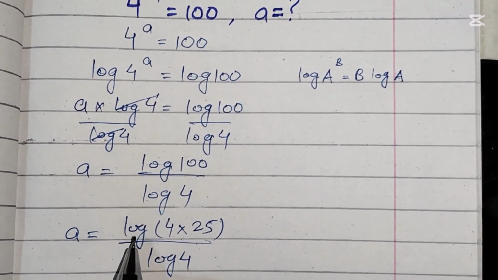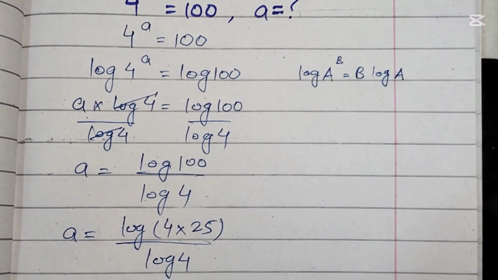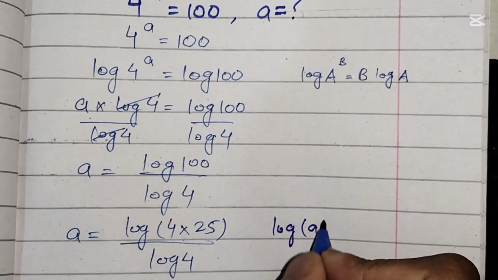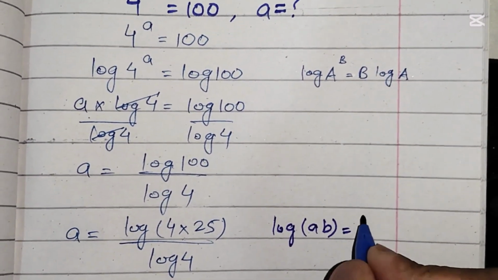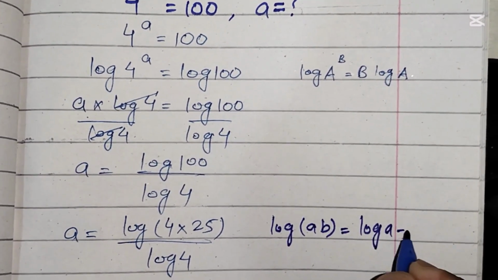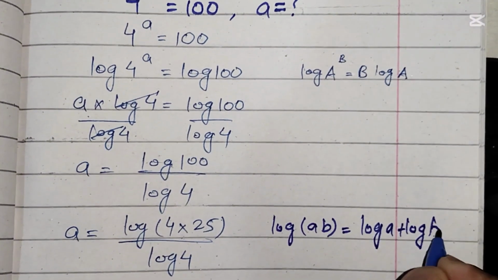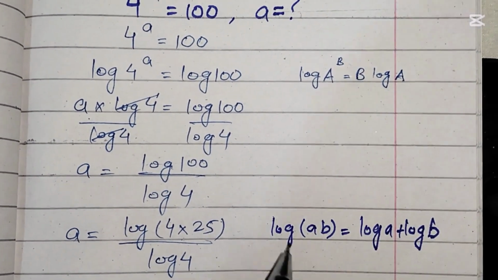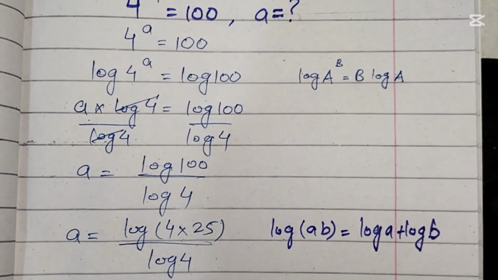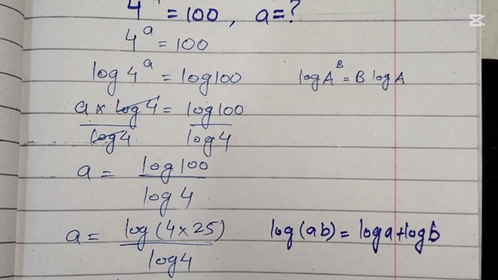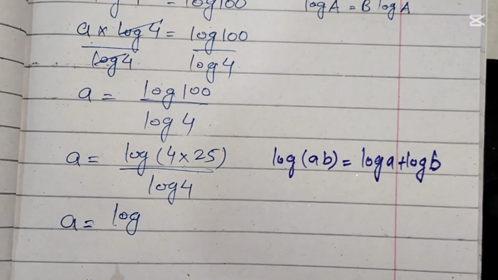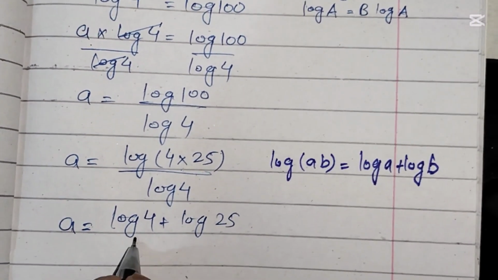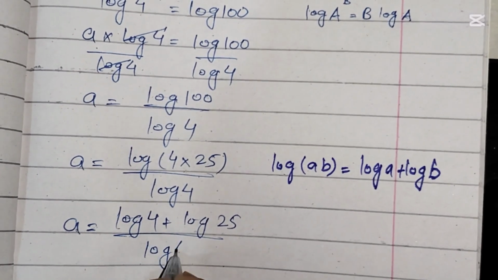Now for the numerator, log of 4 into 25, we will use the formula log of a into b is always equal to log of a plus log of b. So we will use this formula in the numerator. a will become equal to log of 4 plus log of 25 over log of 4.